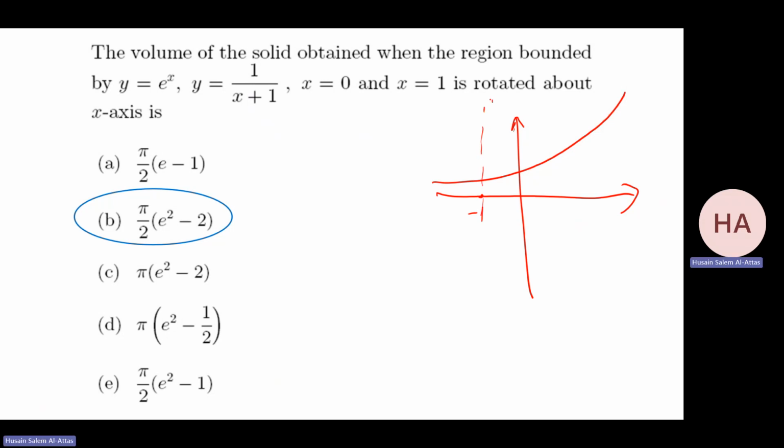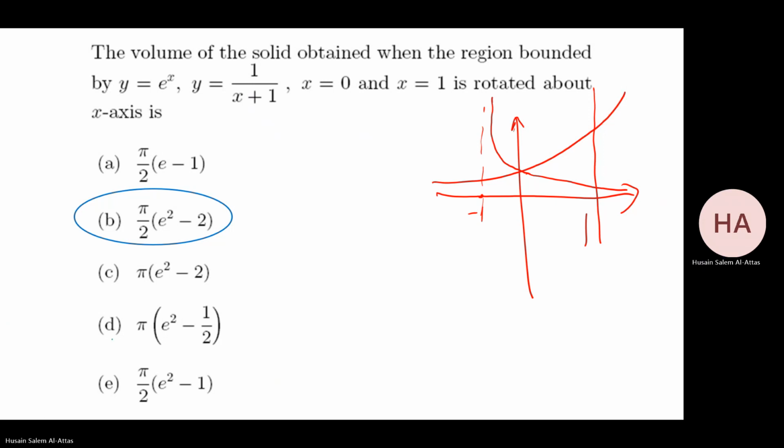At x equals 0, it's 1. So they will intersect here. Okay. And x equals 0, which is the y-axis, and x equals 1. So I'm talking about this region. Okay, and about what? The x-axis.